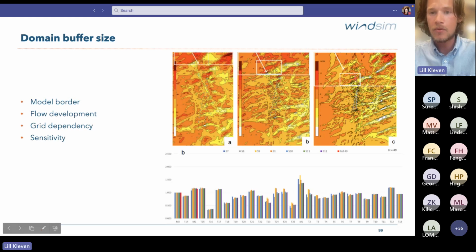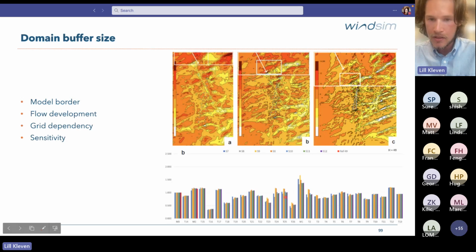And then when we increase the border to 20 kilometer, we can see that the speed over this hill, which is close and perpendicular to the inlet wind direction, close to the wind farm, is now below 9 meters per second. So there's a significant difference between having a 5-10 kilometer buffer and going up to 20 in this case with the current inlet direction. And this, of course, affects the wind speeds at certain points in the wind farm.